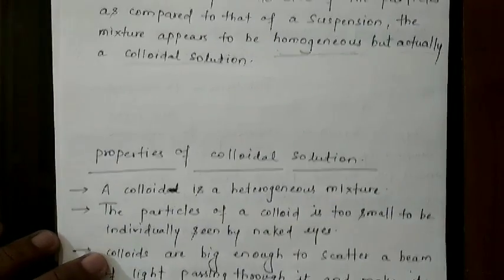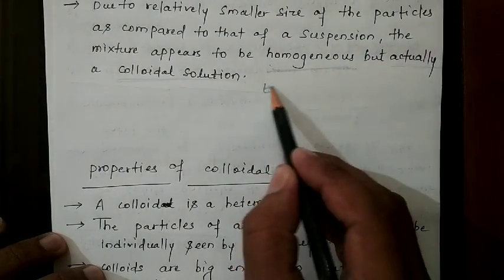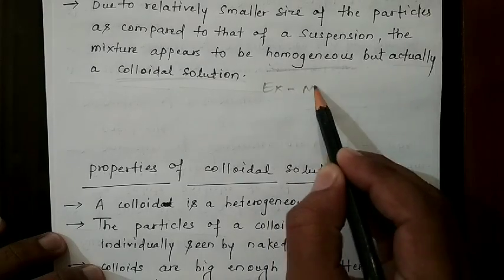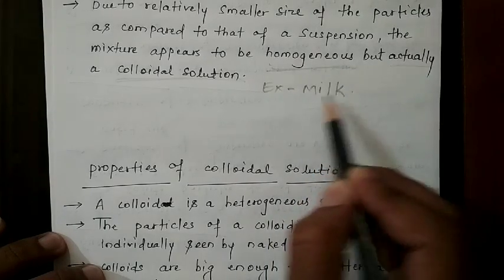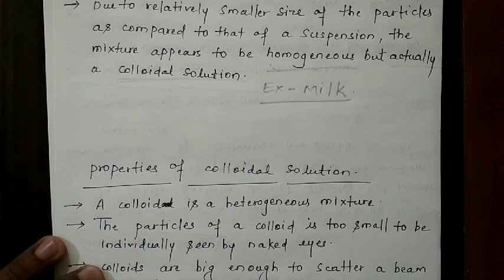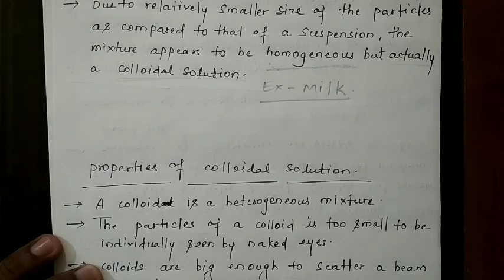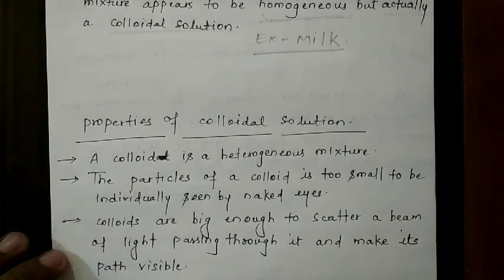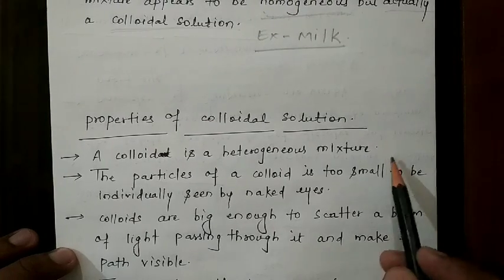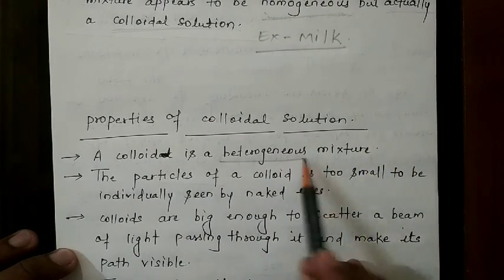Okay, milk is an example of a colloidal solution, so we can take milk here as an example of colloids. Now the properties: as we are discussing, it is a heterogeneous mixture.